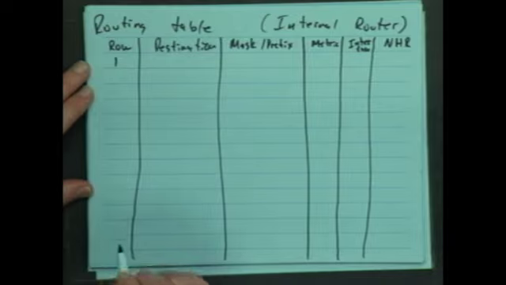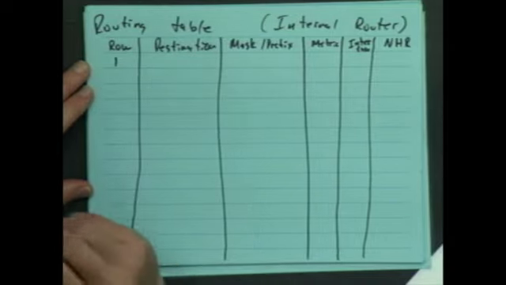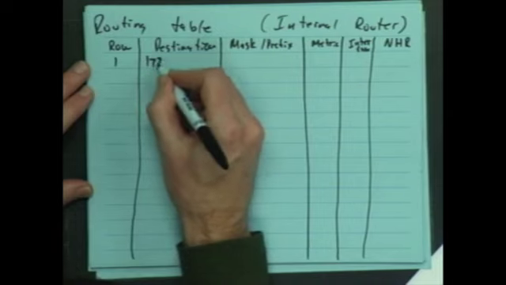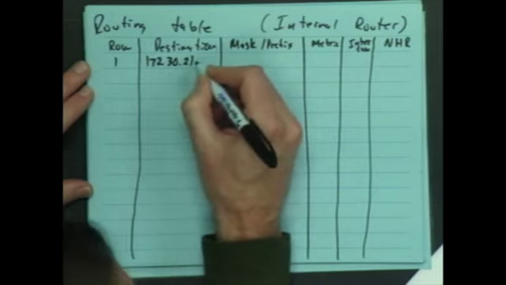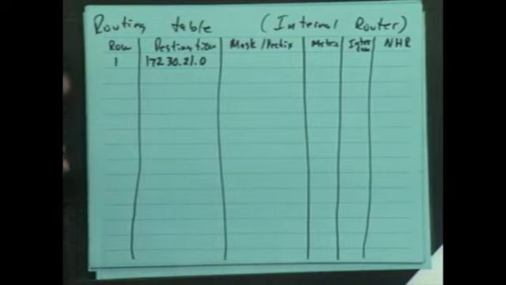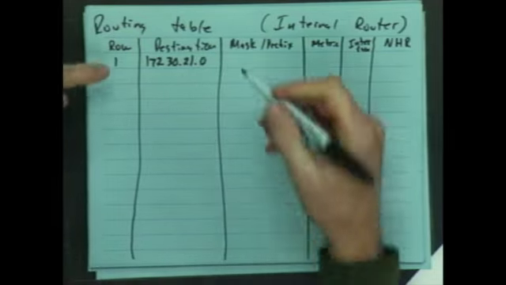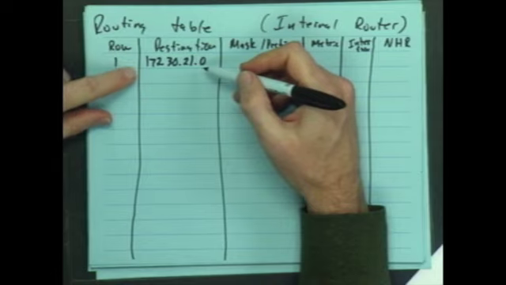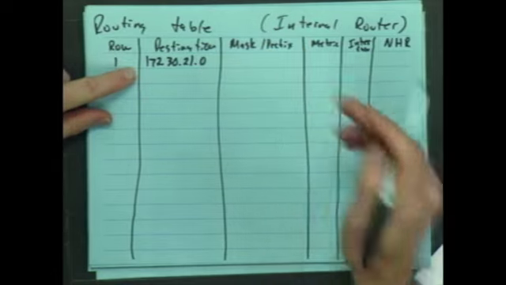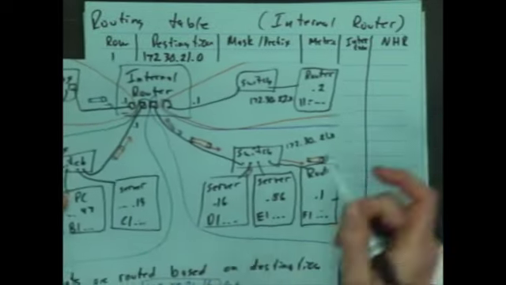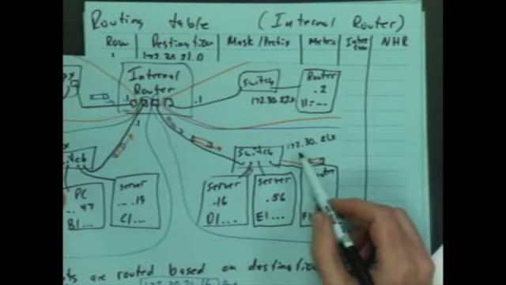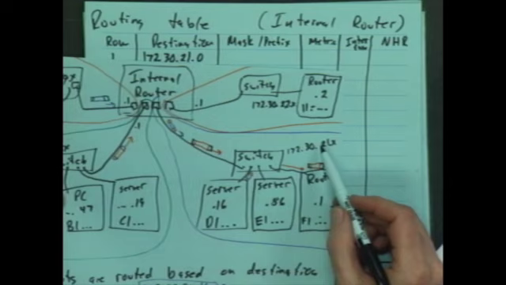So row 1, the destination address here, my goodness, my eyes, I'm old. 172.30.21, and usually inside the router it'll just show a .0, and that's because it's applied the mask to whatever you typed in. I will note over here, where's 21? 21 is this subnet here, 172.30.121.